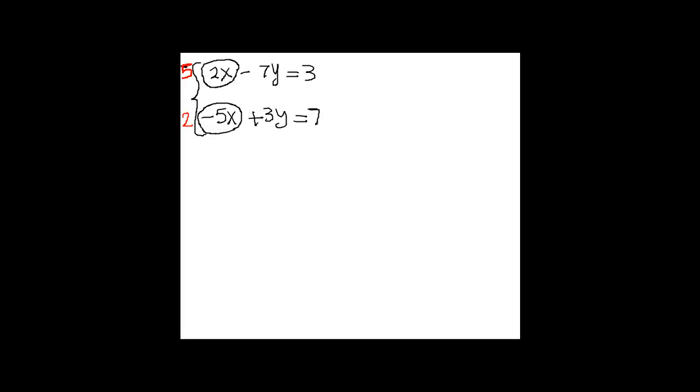When I multiply the first row by 5, the first equation turns into 10x minus 35y is equal to 15. And then when I multiply the second row by 2, I will get minus 10x plus 6y is equal to 14.